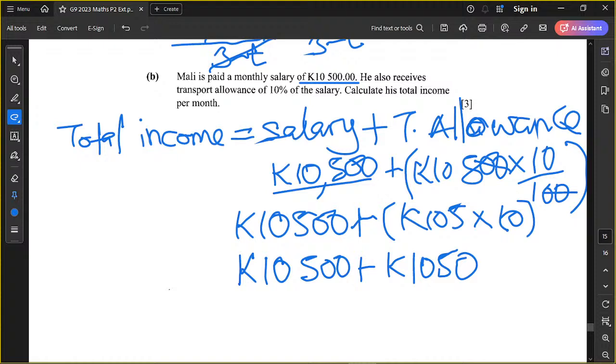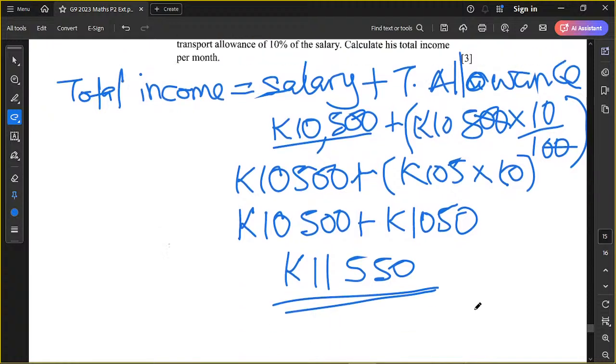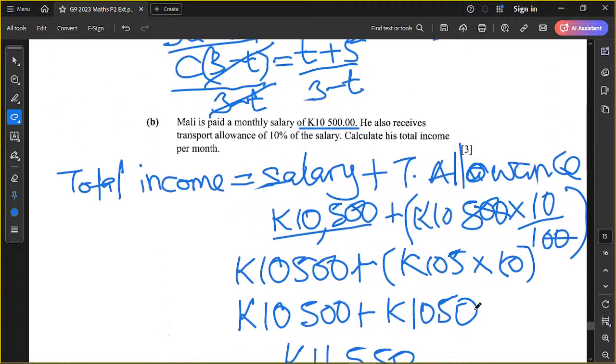Then we add that, we say plus, that will give us 11,550 kwacha. This is the total income of Mali. Unless there are questions. If there are no questions, that is how you find the total income.